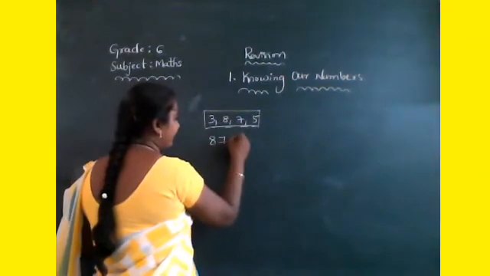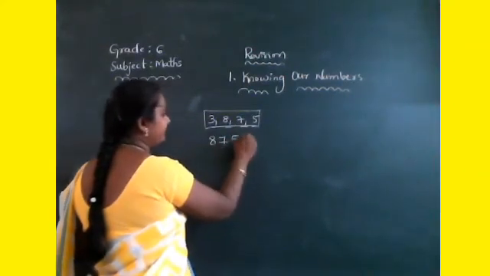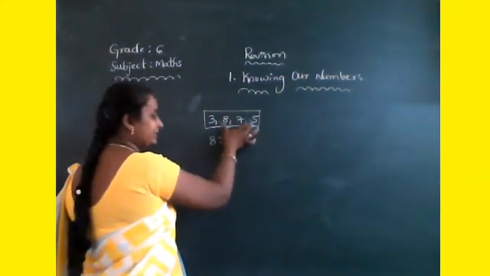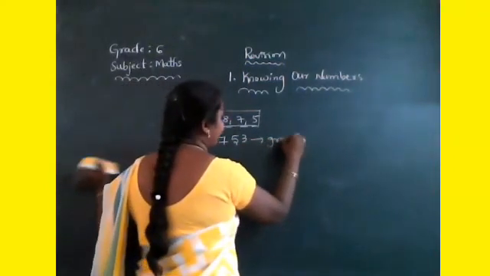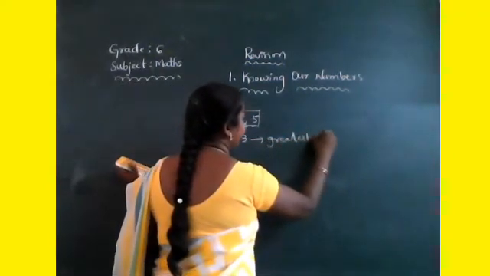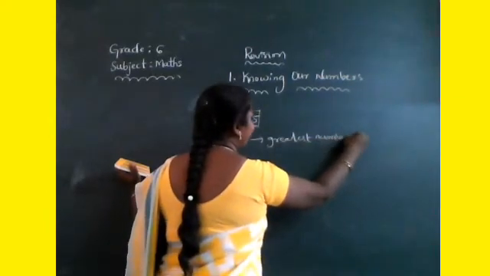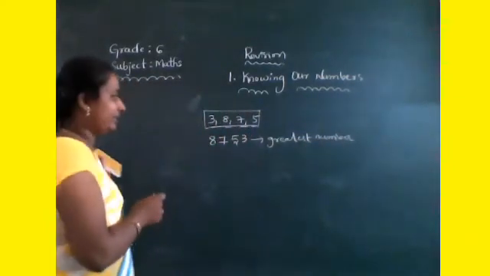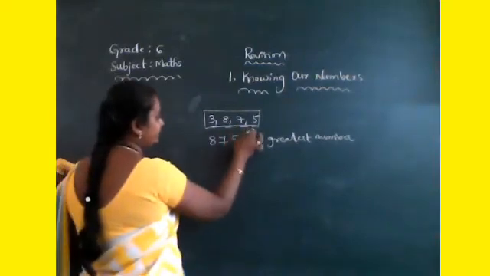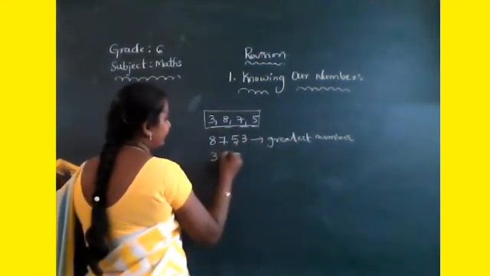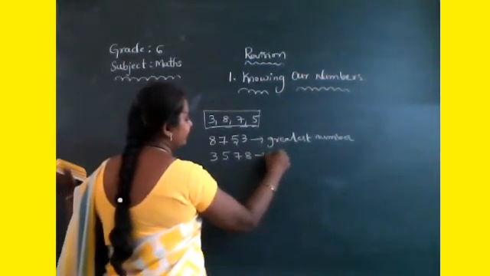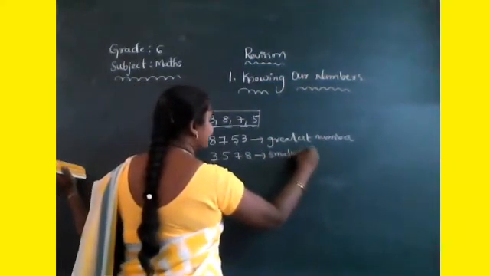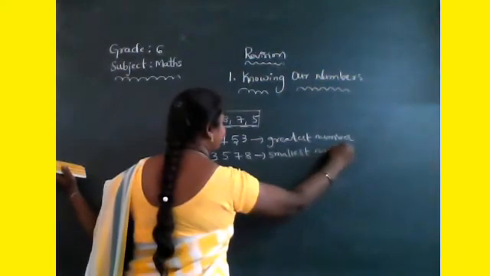Yes, 7, 5, 3. So using 4 digits, I have formed the greatest number. And like that, form the smallest number. Yes, 3, 5, 7, 8 is the smallest number.